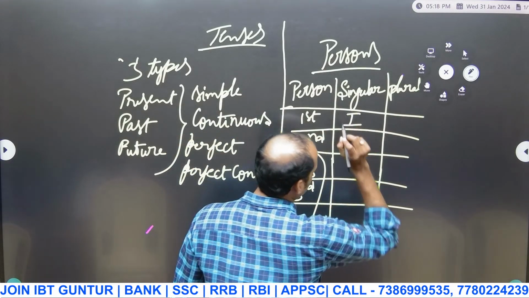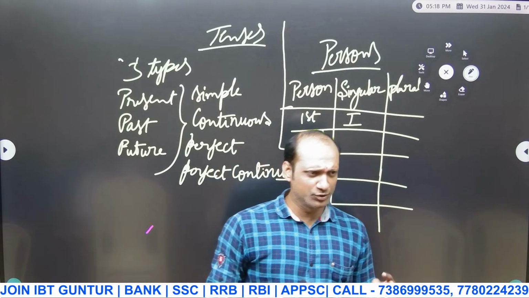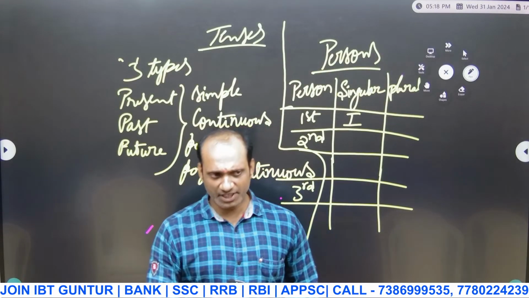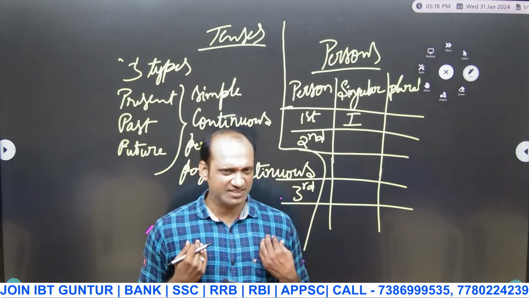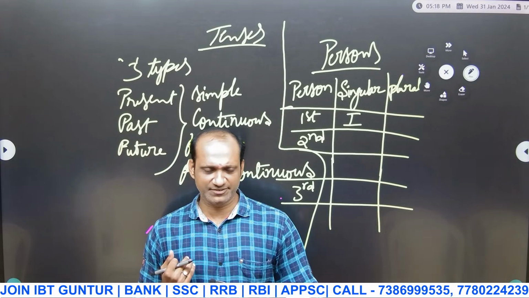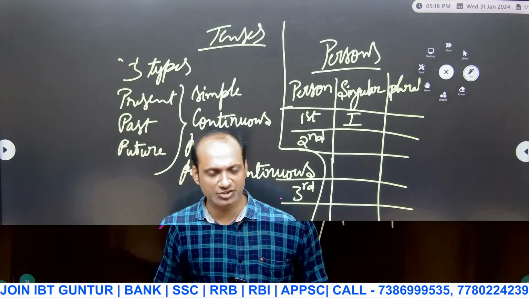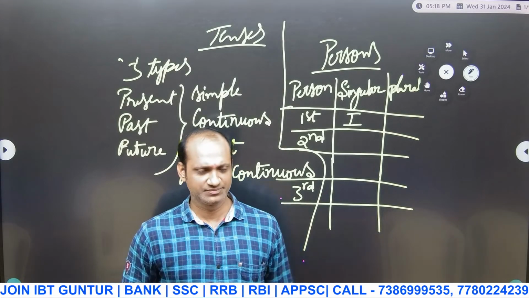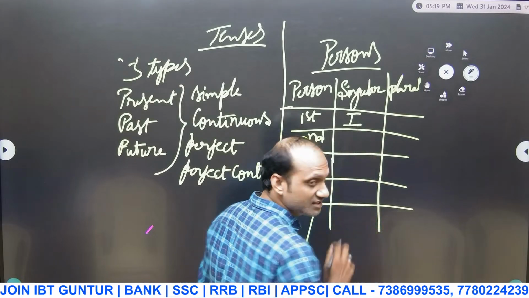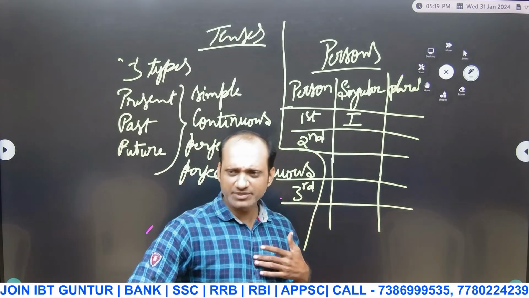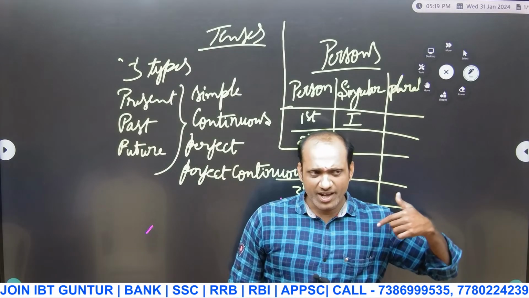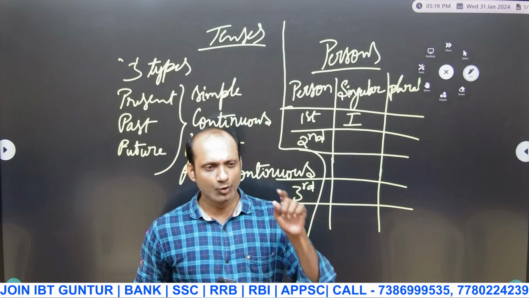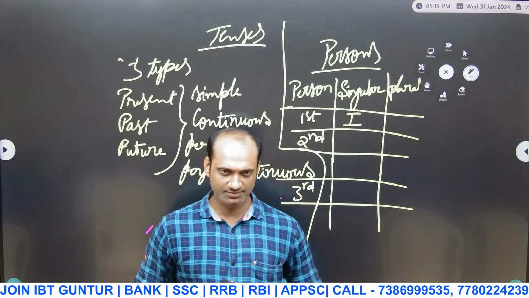First person singular, I. Why should we use I as first person singular only? Let me tell you, if I want to introduce myself, if you want to introduce yourselves, if anyone wants to introduce himself or herself, we should use the only pronoun I. So that's why I is first person singular. When I am saying, you are listening to me, in the sense, who are you? Second person.